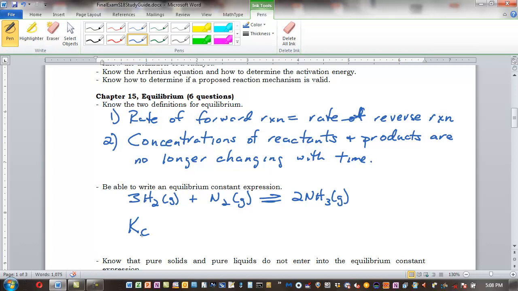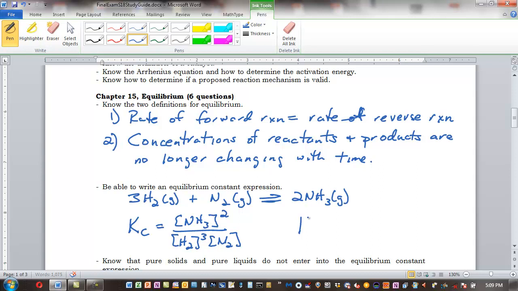So we can write our equilibrium constant expression in terms of molarity, but it is products raised to the power of the coefficients, divided by reactants raised to the power of the coefficients. So you've seen this many times, but you wouldn't want to miss a problem on the final that just says, what is the correct equilibrium expression for this reaction? But we can write it in terms of molarity.